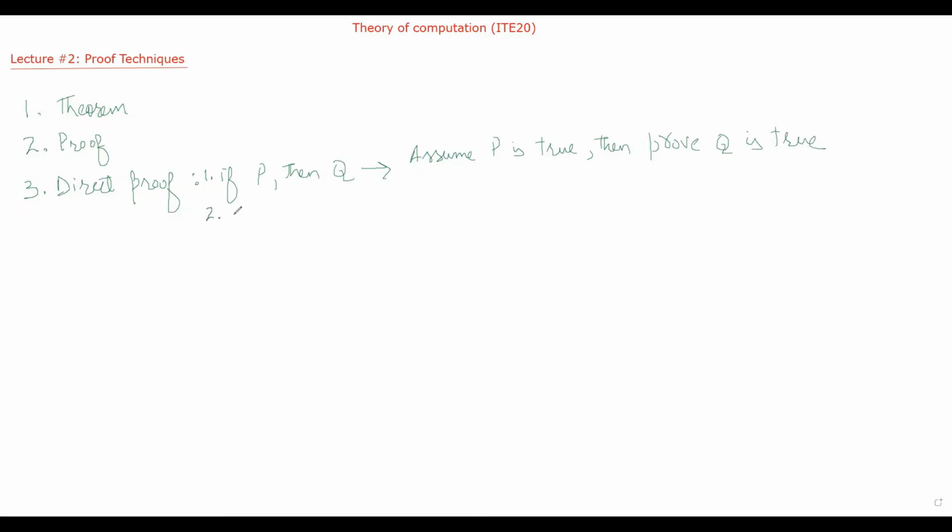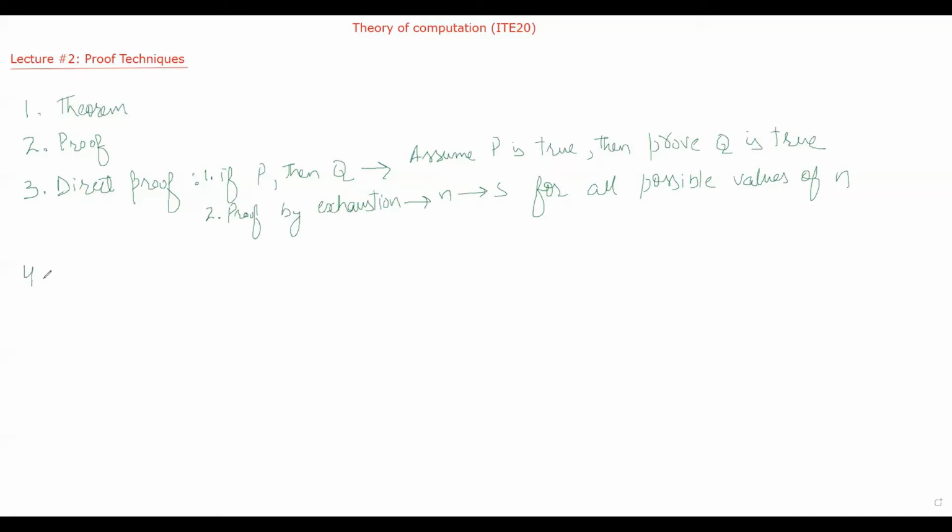The second methodology was proof by exhaustion or proof by cases. In that technique, we said that we will take an integer and prove the statement S for all possible values of n. So that was proof by exhaustion.